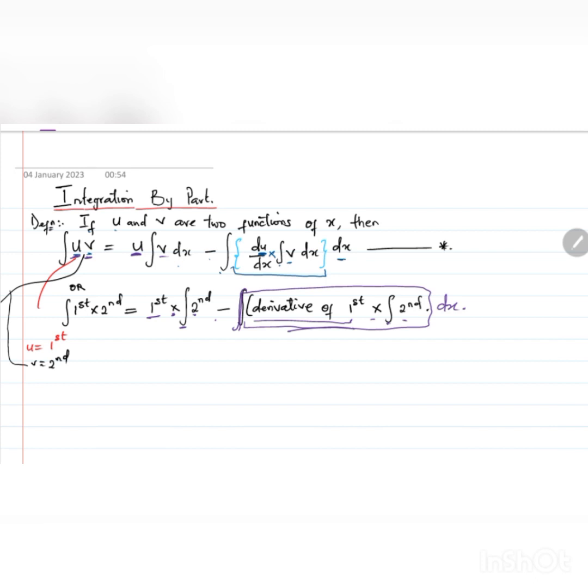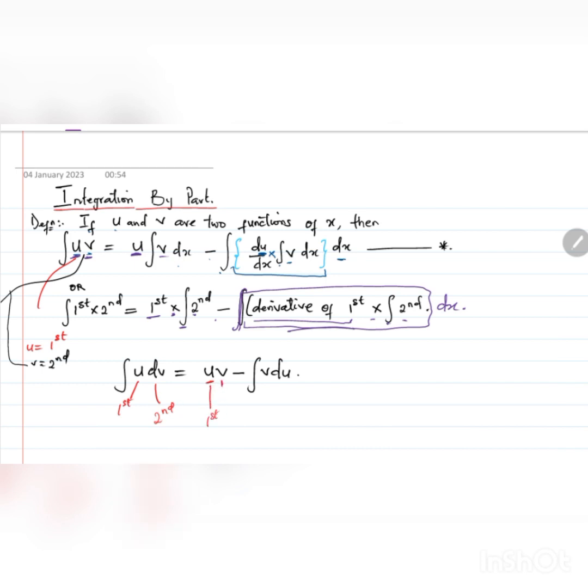But better still, using the general definition, we can say that the integral of u dv is equal to uv minus the integral of v du. How do you arrive at this? If this is the first function and this is the second function, u means you are writing your first function.